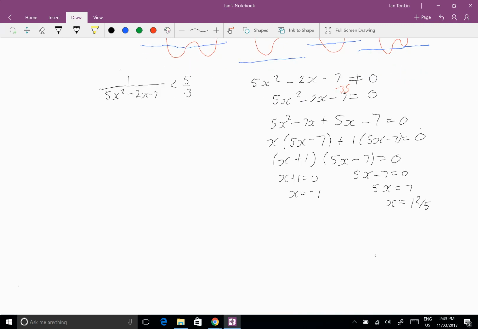So we've got 2 critical points. And we'll go back over here to this equation, and now we'll solve it. So we'll multiply by 5x squared minus 2x minus 7 on both sides.